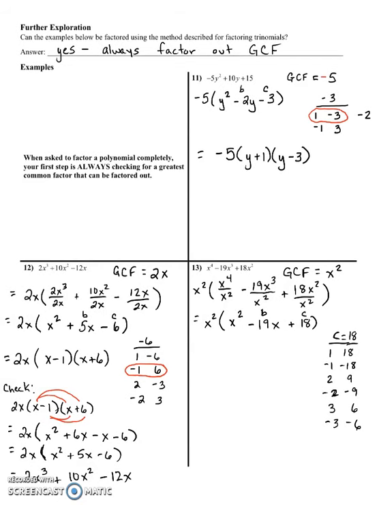So we need the one that adds to be negative 19. And again, you can check these on your own. But that's going to be the negative 1 and negative 18. So remember, we still have this x squared hanging out front. And our trinomial in the parentheses breaks up into x minus 1 times x minus 18. And you can FOIL that out to check it if you want to.